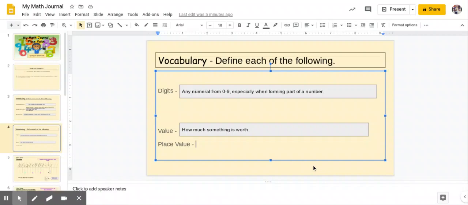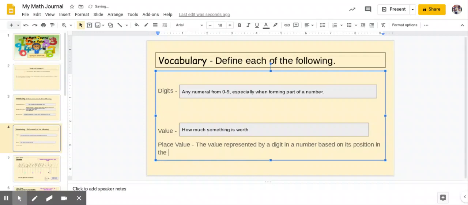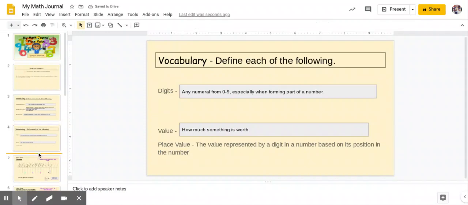Okay, and then our last term is place value, which is the value represented by a digit in a number based on its position in the number. As we move on to the next slide, you'll start to see how some of these terms fit in.